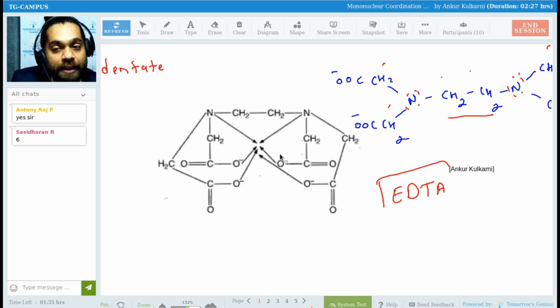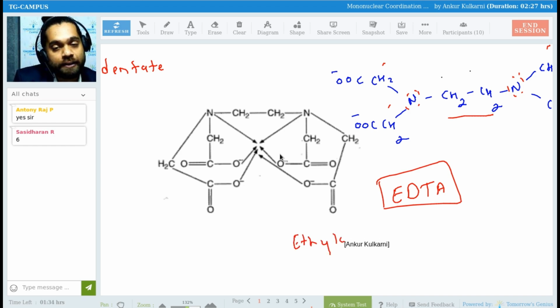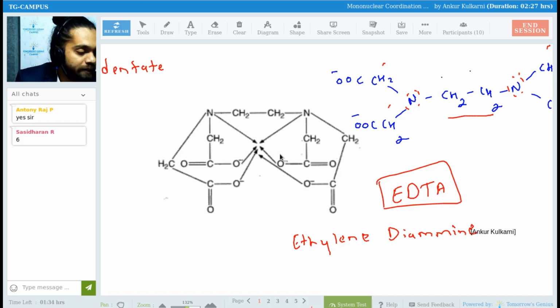EDTA, ethylene diamine tetraacetate. I hope you have heard about it. Sarjana? Not heard? Okay, anyway, write it down. Ethylene diamine tetraacetate. I thought that you must have heard about it. Anyway, you will have this in practicals, definitely in engineering.